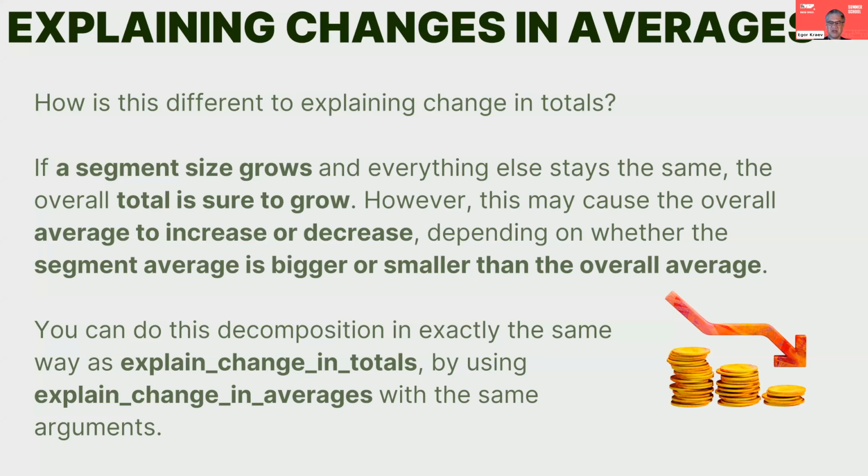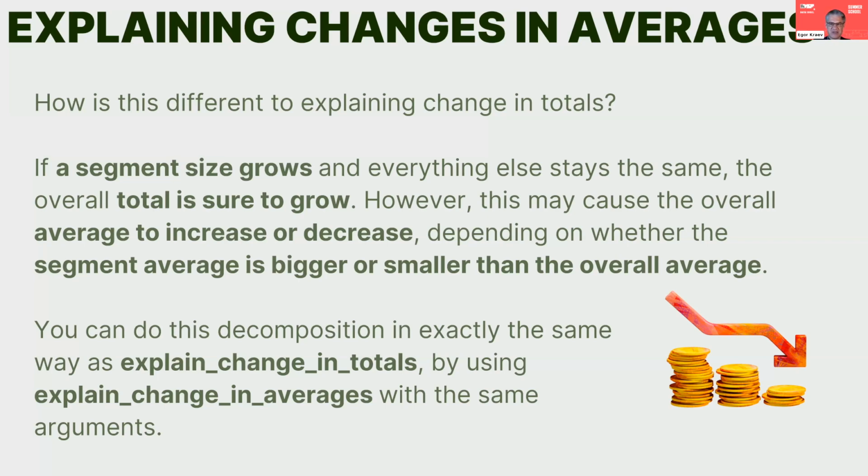And then, if a segment size increases, then the total will be increasing because everything is non-negative, and if nothing else changes, segment size goes up, total goes up. However, if your segment size goes up, your average can either go up or down. And that depends on whether the average of this segment is bigger or smaller than the overall average.